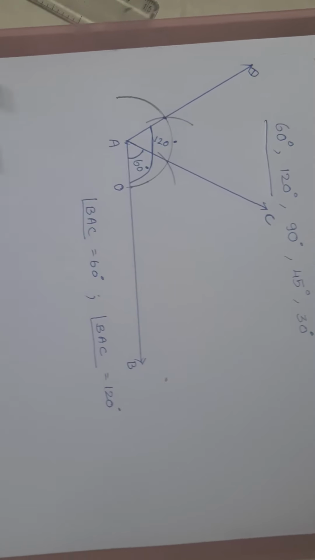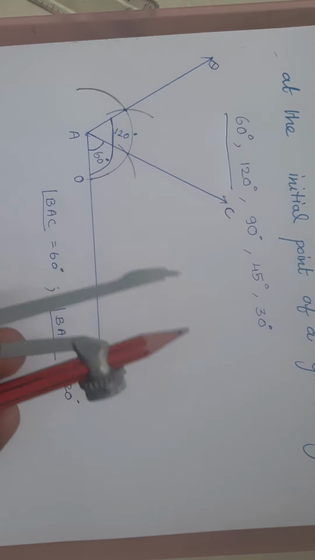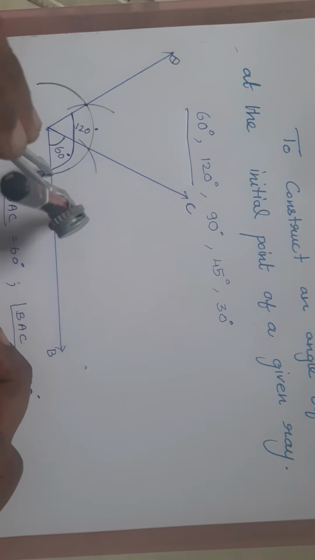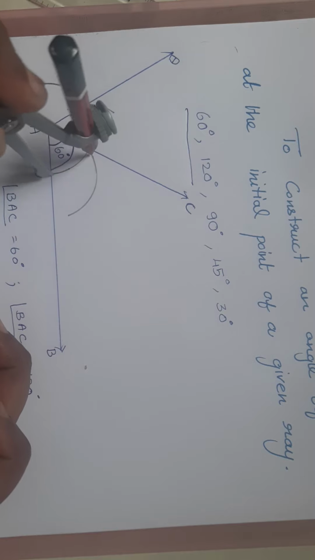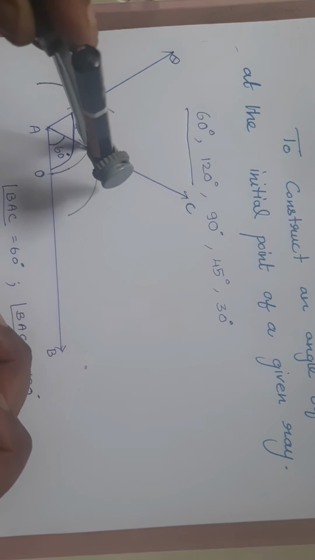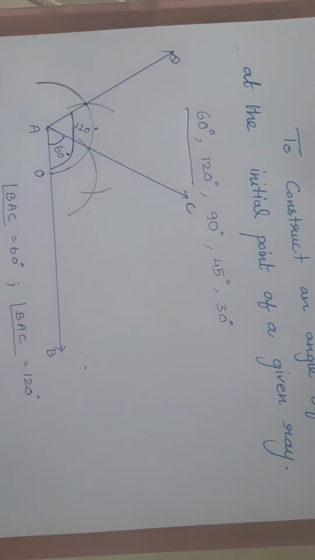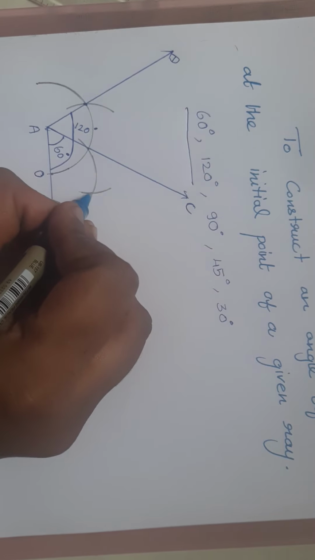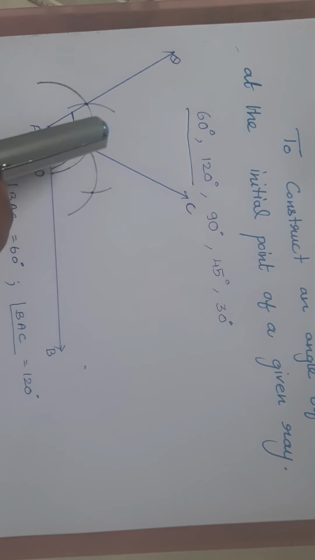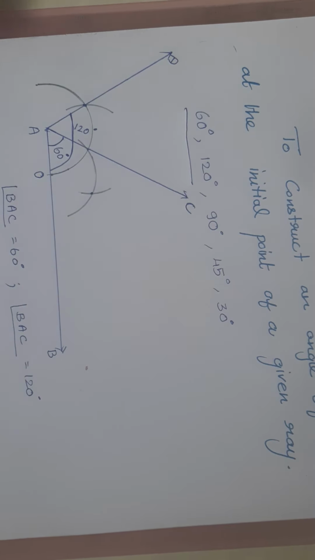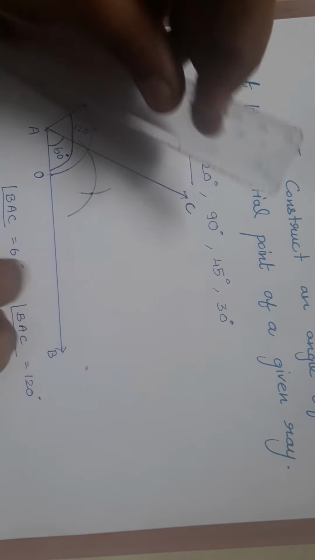Take the same compass, keep the needle here, cut one arc, and keep the needle on the 60 degree intersection point and cut the intersecting arc. This is the intersection point. So 60 plus 60 is 120. Half of 60 is 30, because 60 divided by 2 is 30.